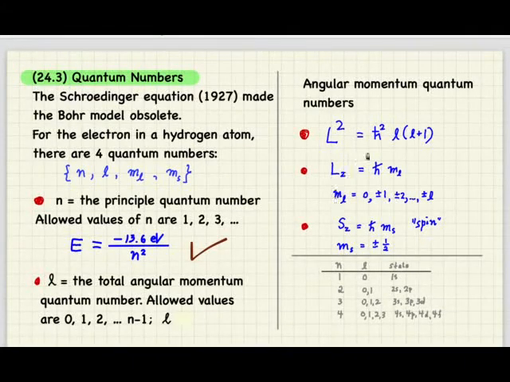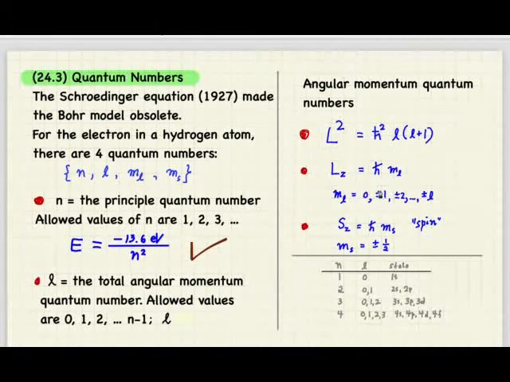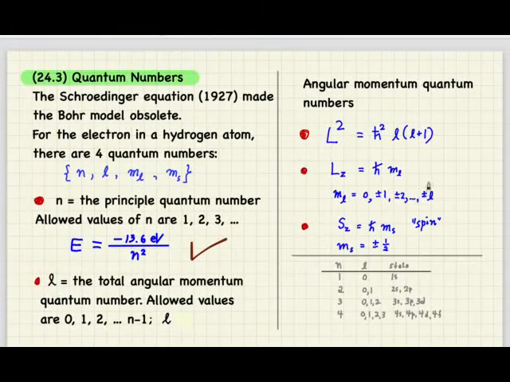Well, they depend on L, the total orbital angular momentum quantum number. So M sub L could be 0, plus or minus 1, plus or minus 2, and so on, up to plus or minus L. You can't have Z component of L greater than the total angular momentum, so it sort of stops at L. It could be pointing either upward or downward, so it could be plus or minus L, and then all the integers down to 0.